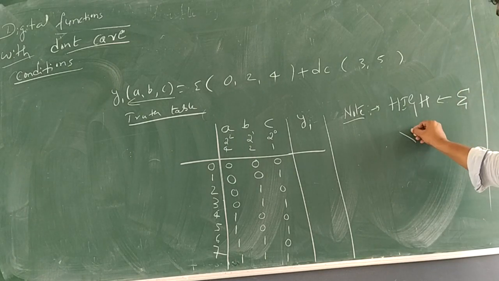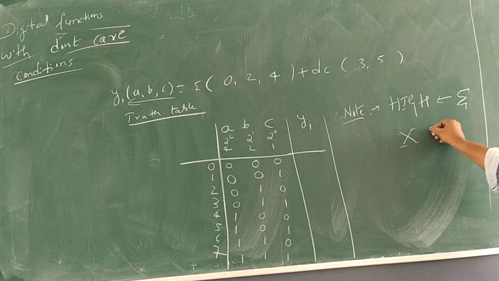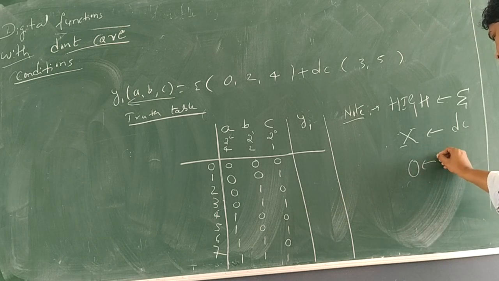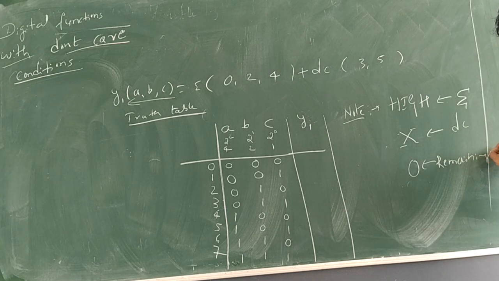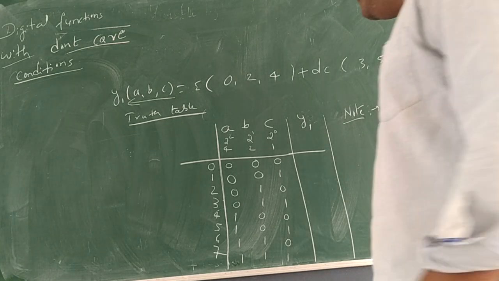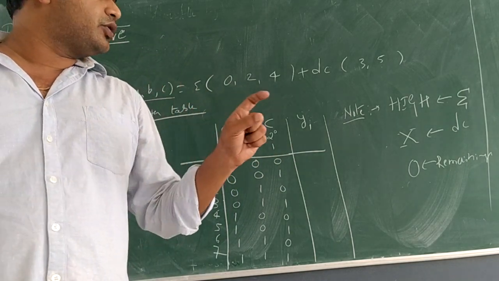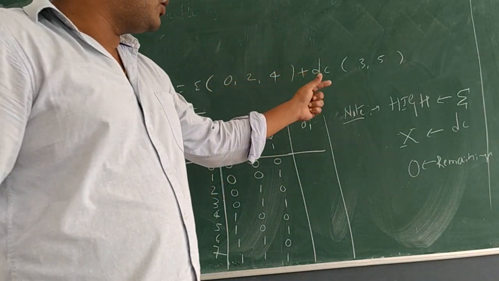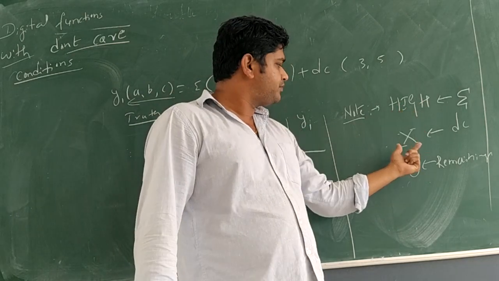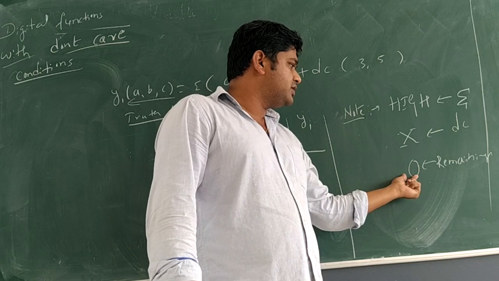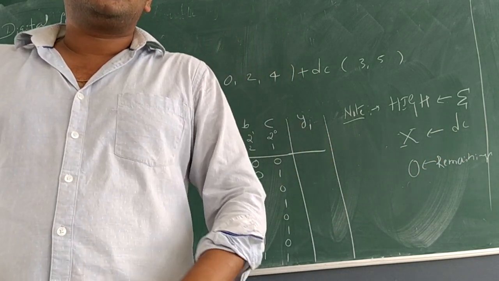Fill X for elements in the don't care set. Fill 0 for the remaining. So far we have filled with either 0 or 1. Now we are going to fill with 1 for summation, then don't care for the DC set, then 0 for all remaining.